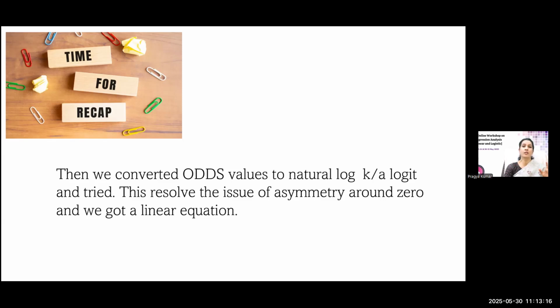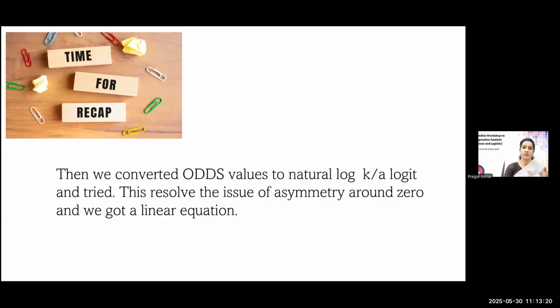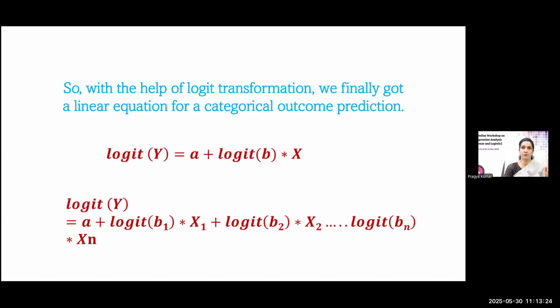And now we have a linear equation. If we convert that equation into a logit of y equal to a plus b into x, then it satisfies the assumption of linearity.